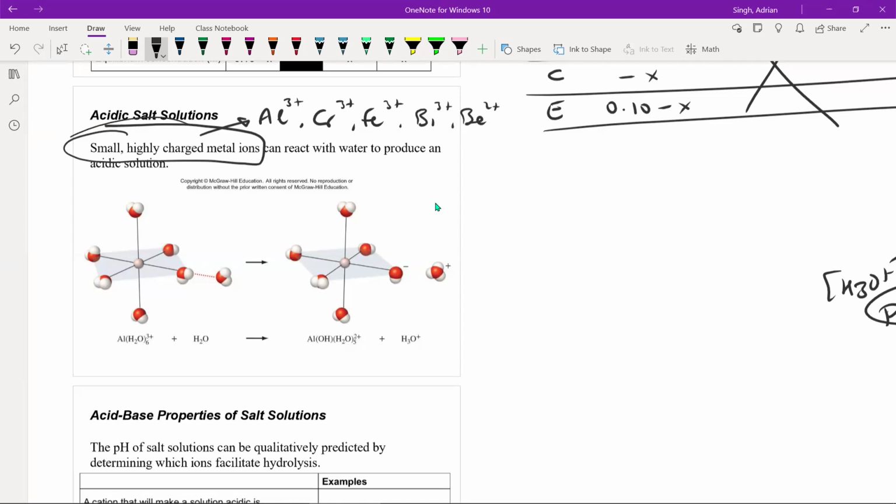So this is another example where we can have an acidic solution forming due to small, highly charged metal ions in the solution.